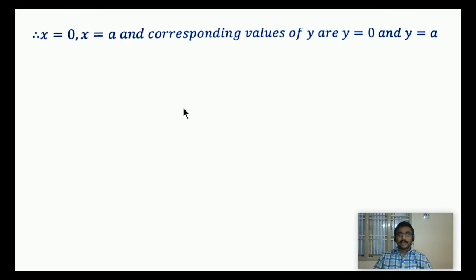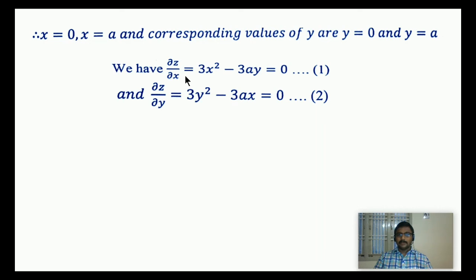So substituting x is 0 and x is a, the corresponding y values are y is 0, because 0 squared by a is 0, and y is a squared by a, that is y equal to a. So we will have stationary points (0, 0) and (a, a).